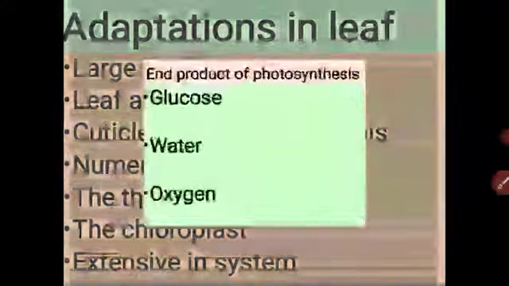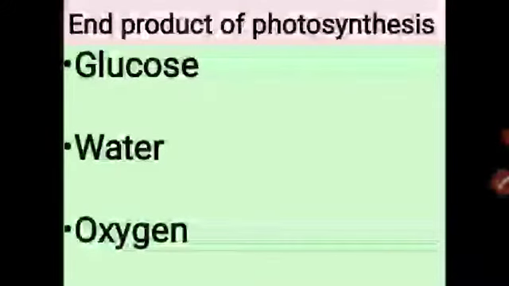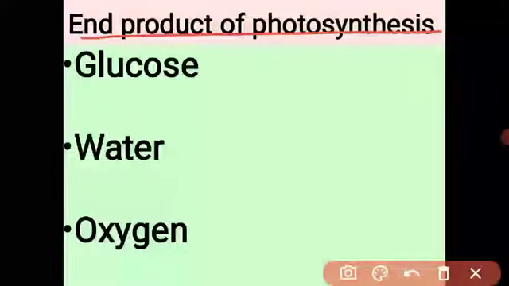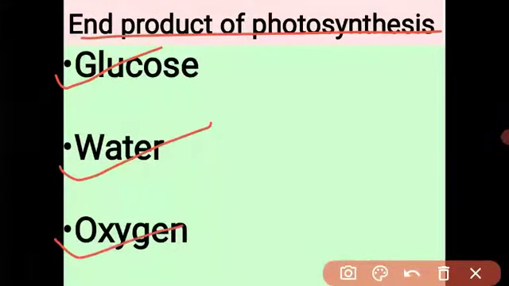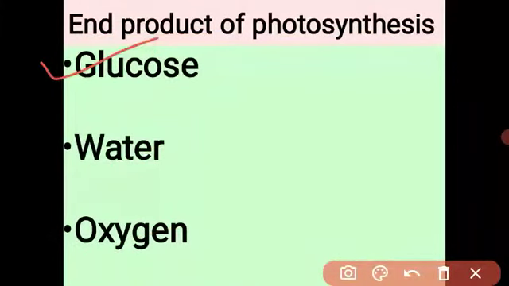In the last point of this video, the end product of photosynthesis. You know that the end products of photosynthesis are glucose, water and oxygen. First we see glucose. You know that glucose is the simple form of sugar. In polymerization, many glucose molecules join together and form starch. What is the use of glucose?